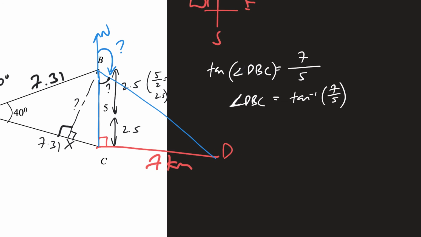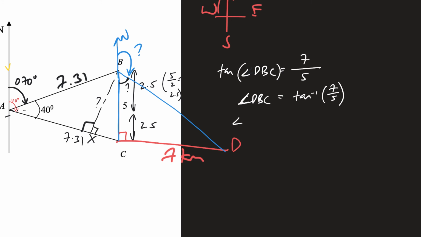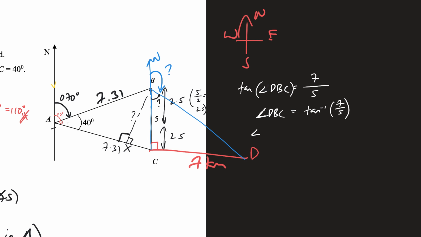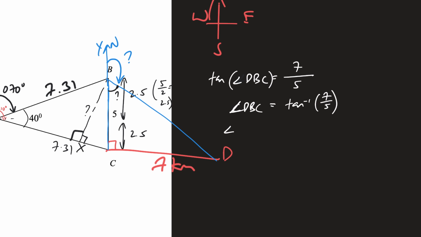Right. Okay, that really helps, because now I can say that the bearing, this angle, let's call this point Y. So I can say that angle YBD is basically 180 degrees minus this angle, and this angle DBC was tangent inverse 7 over 5.